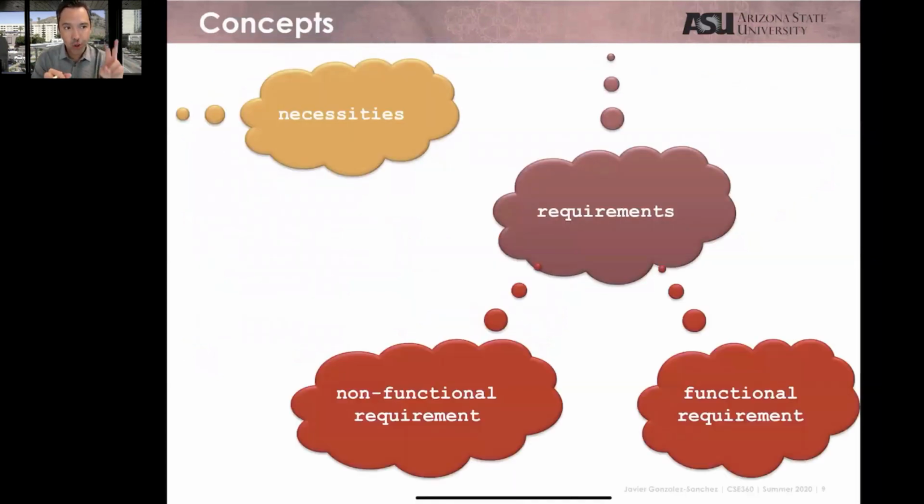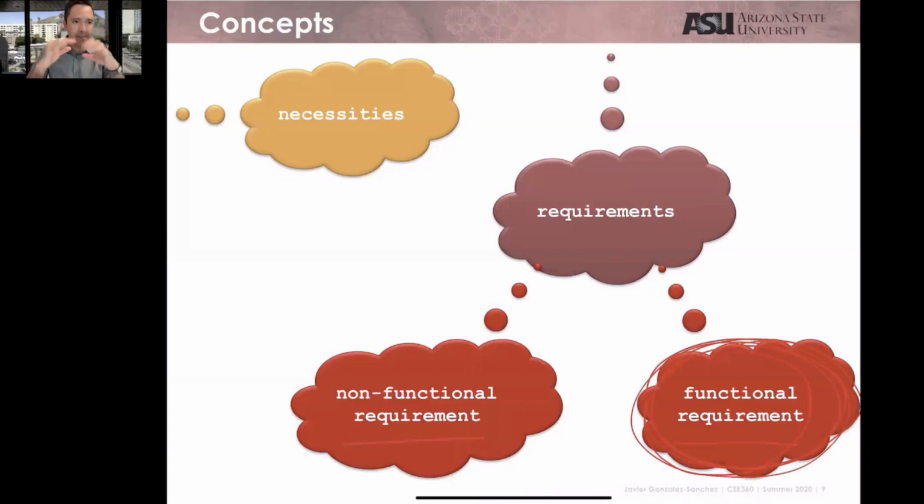Okay, now requirements. There are two kinds of requirements for a piece of software. You have functional requirements and you have non-functional requirements. Functional requirements are the ones that you put in a use case diagram.